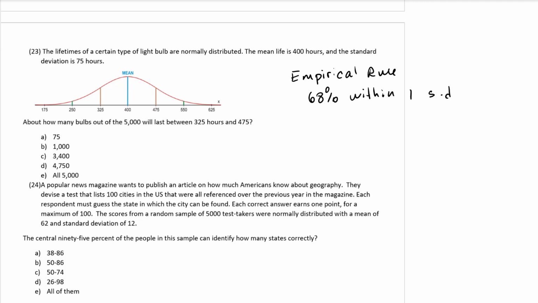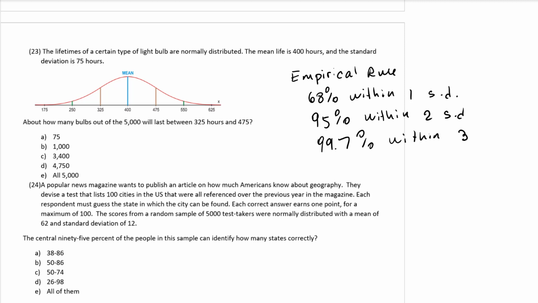So when you make one step on a standard deviation to the right and to the left, you get 68% of all the possibilities. If you make two steps, you get 95%. And if you make three steps, you cover everybody, almost 99.3%.